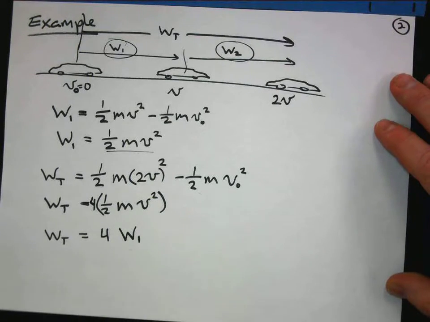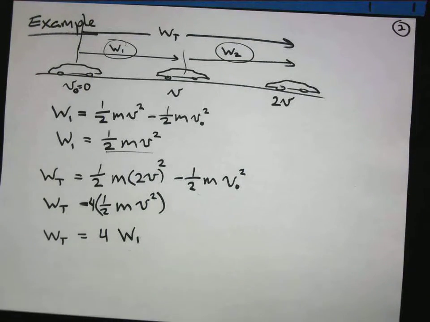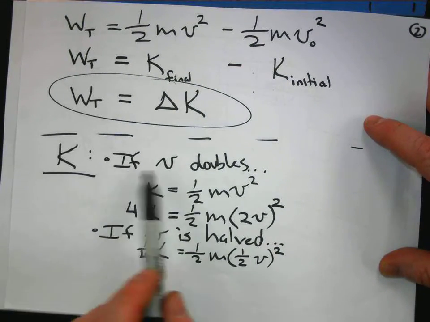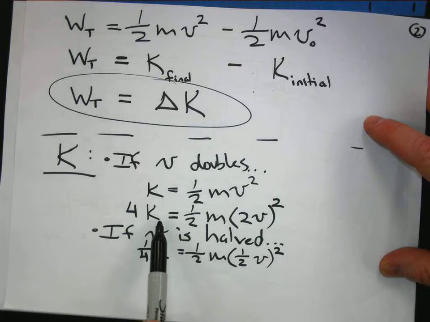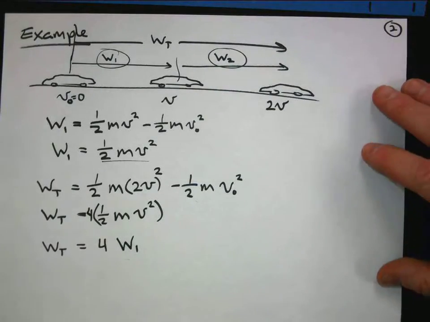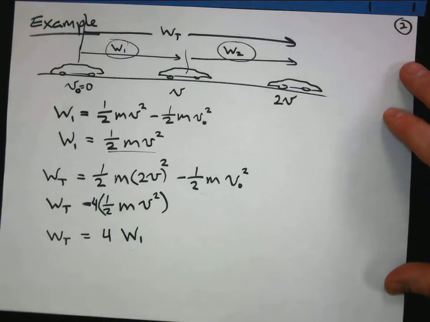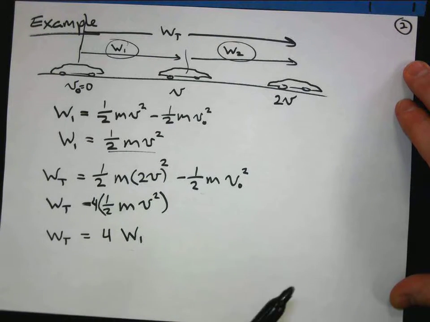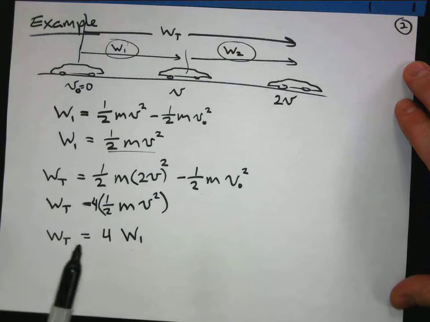Well, that's just like what we saw in the previous video, where we said, okay, this business here. In the previous video, we looked at the initial idea of kinetic energy, and we said, well, if velocity doubles, you need 4 times the kinetic energy, or I'm sorry, you achieve 4 times the kinetic energy. Except that we know that kinetic energy, or I should say change in kinetic energy, is equal to the work done. There's this idea that work and energy are the same, and it turns out they're measured the same as well.